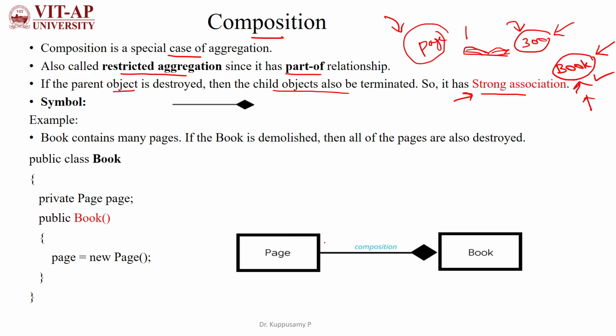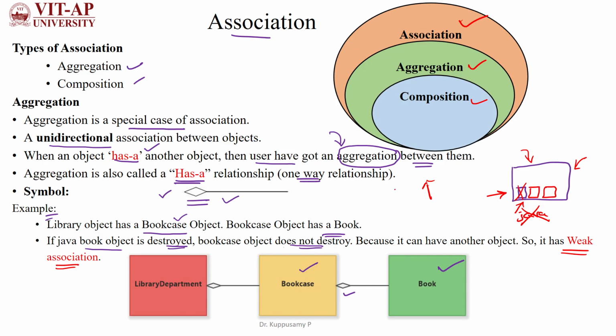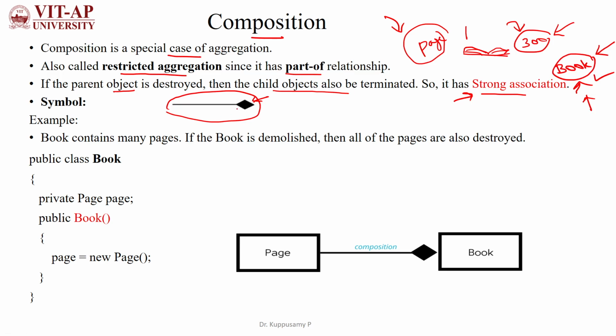Here it can be represented by using the forward diamond symbol with the dark fill. You see we have the diamond symbol without a dark portion for aggregation, and here we have the dark portion of the diamond symbol in the forward direction. Book is one object having a strong relationship with page. So that is the relationship between two objects.